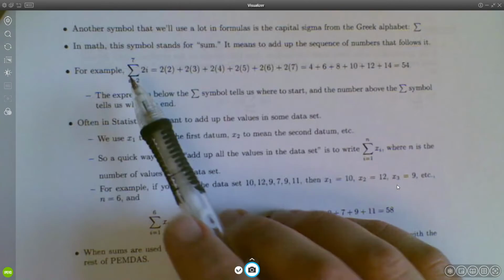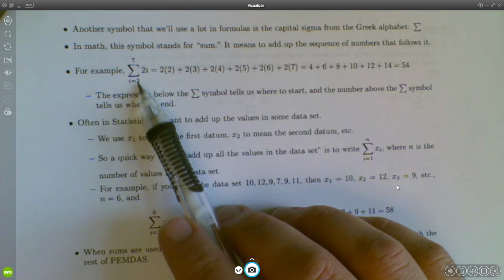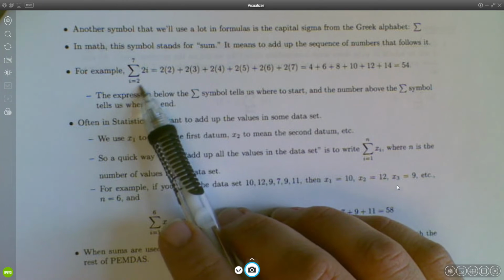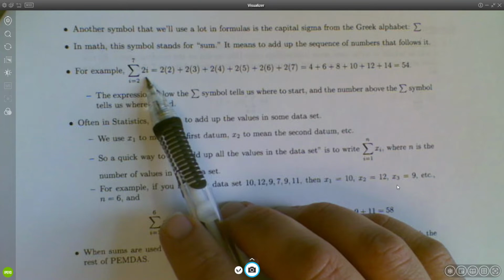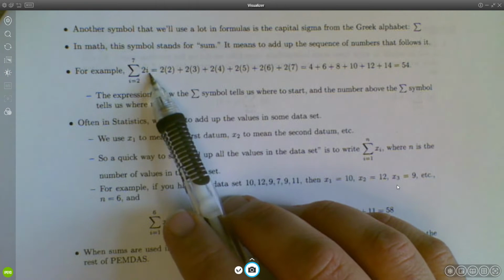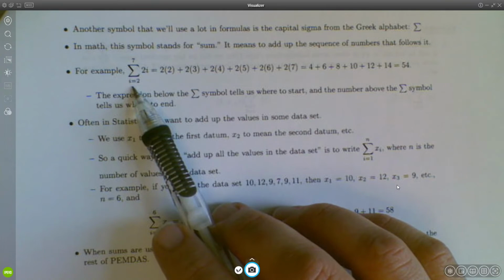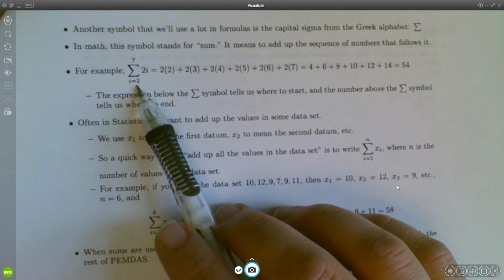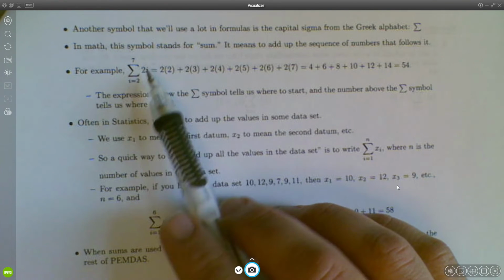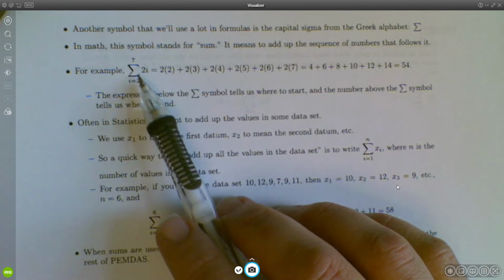For example, if you had this symbol here, we read this the sum from I equals 2 to 7 of 2 times I. And so what this means is that we need to add up this expression here, and what the indices here mean, I equals 2 to 7, that means we're going to start at I equals 2, and we're going to continue to increase by 1 until we get to 7.